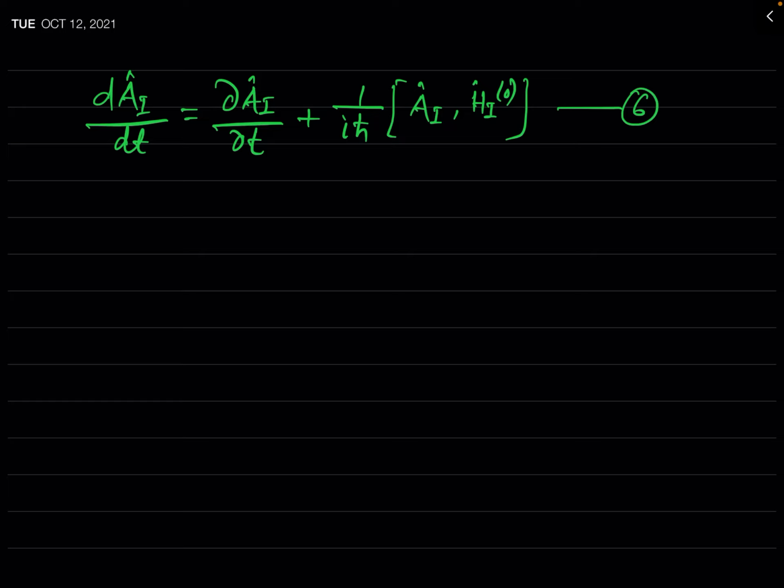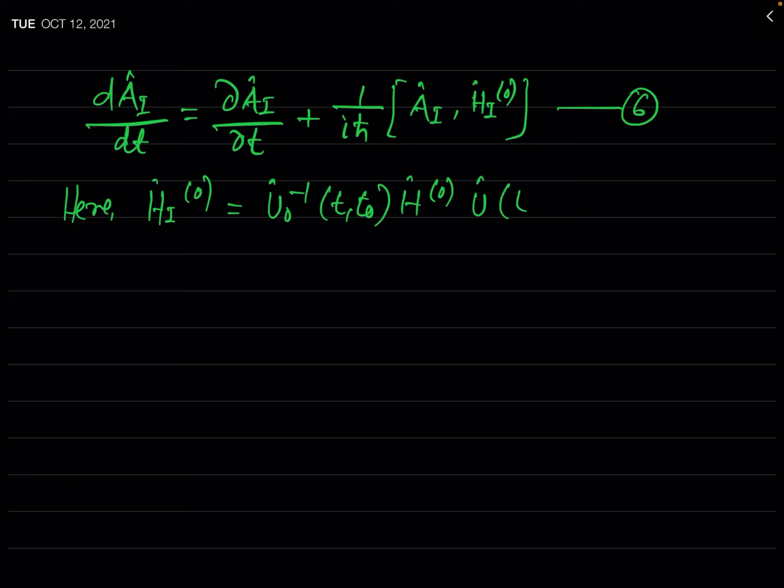In fact, this is the equation of motion in terms of the operator. Here this operator H_I hat 0 is defined like this: U naught hat inverse of t comma t naught, H hat 0, and U hat naught of t comma t naught.